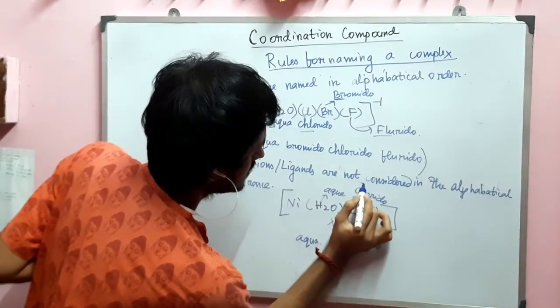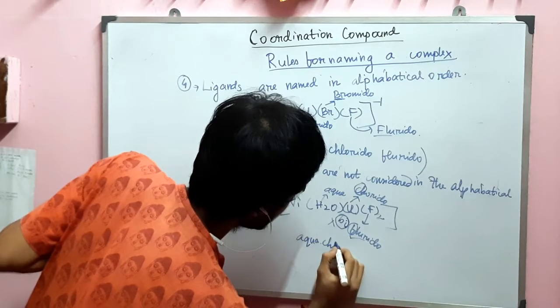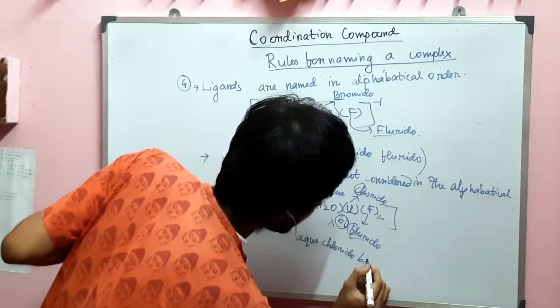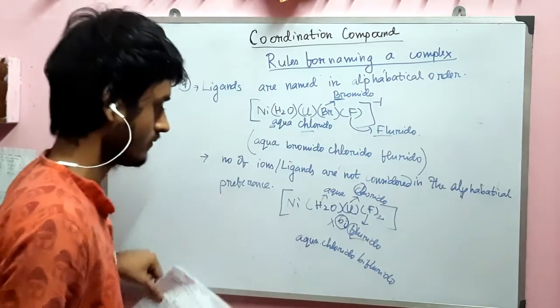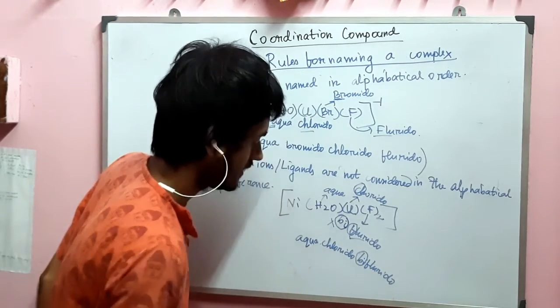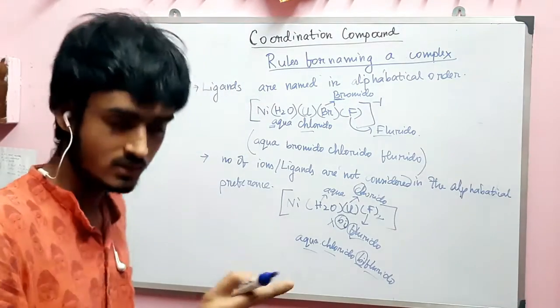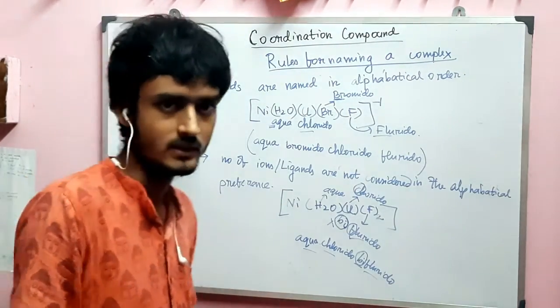So chlorido comes after aqua, then comes difluorido. So this di is not considered in the naming of the ligands. This is the point here. Note down this, and after this I will be explaining the next part.